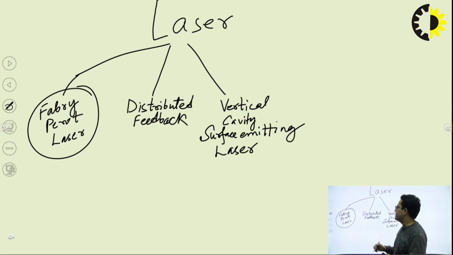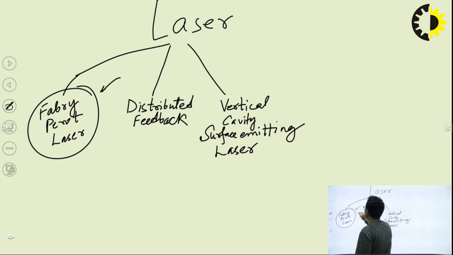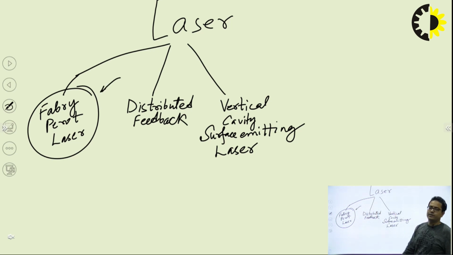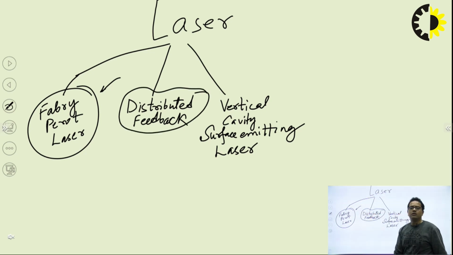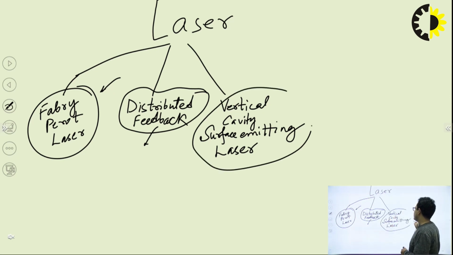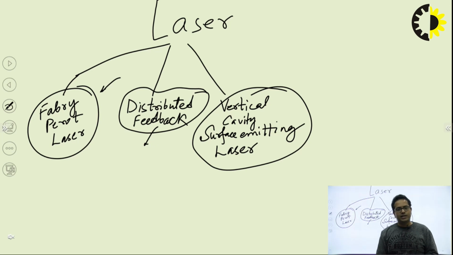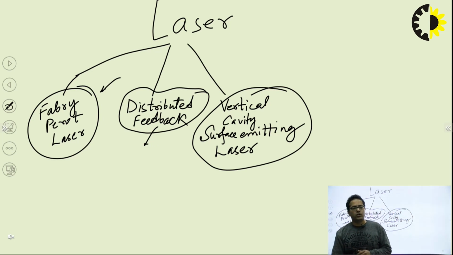We will see in detail about this most basic form, Fabry-Perot, and after that we will see how we can get a more narrowed spectrum with the help of distributed feedback, and then finally we will see the most efficient form of a laser, called the VCSEL, that means vertical cavity surface emitting laser diode.